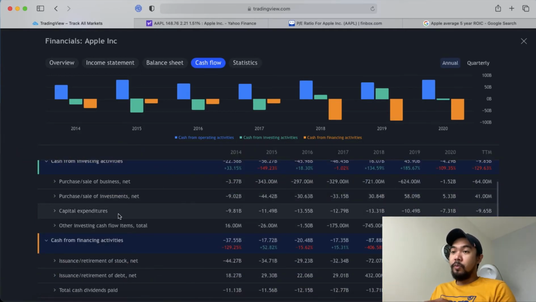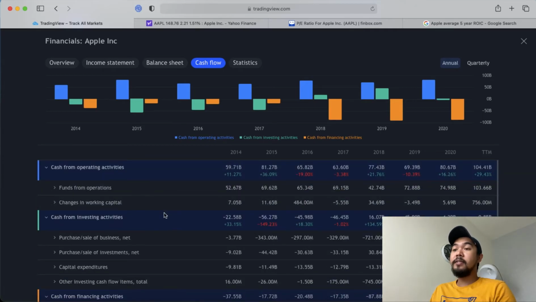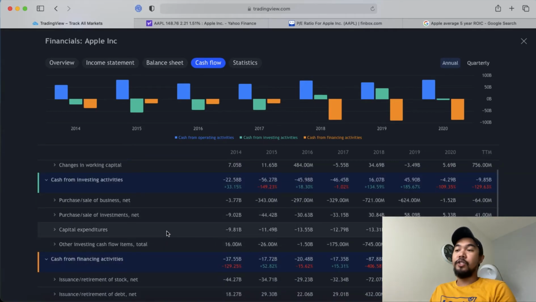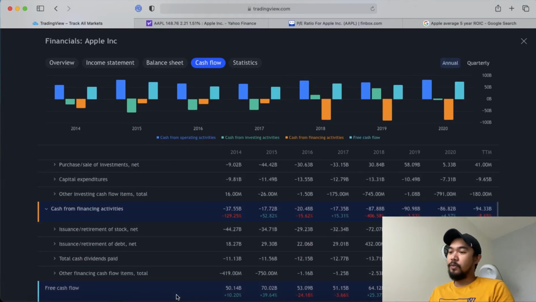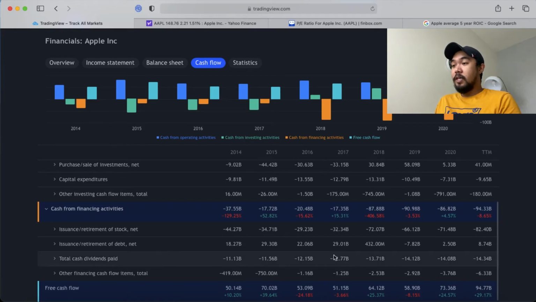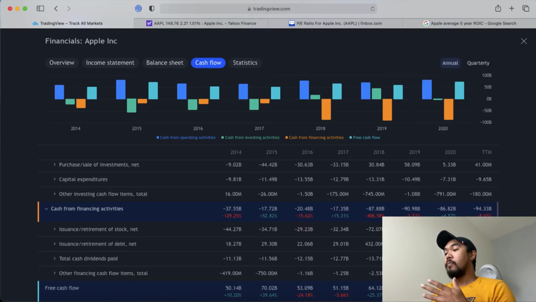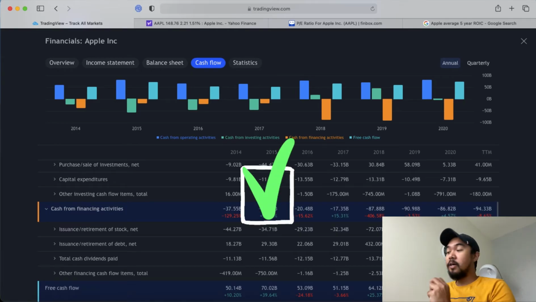Free cash flow for the last 5 years, starting 2016: 53.09 billion, 51, 64, 58, 73. So we can see this company has more and more cash flow in the last 5 years that they can use to pay off their debts and pay dividends to shareholders. So that's a check mark right there, number 7.